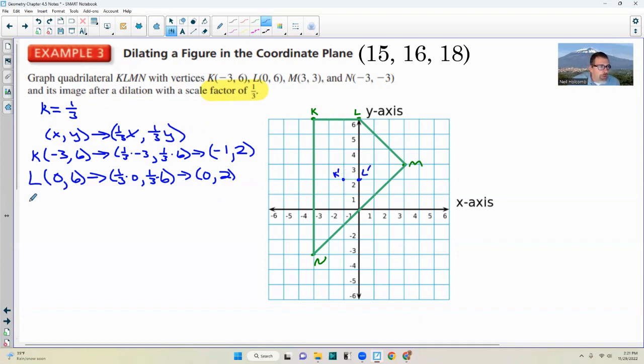All right, so then we go to M. M is 3, 3. That's 1/3 times 3, comma, 1/3 times 3. And that is going to yield 1, comma, 1, which is right here. And that is M prime. And then finally, N is -3, -3.